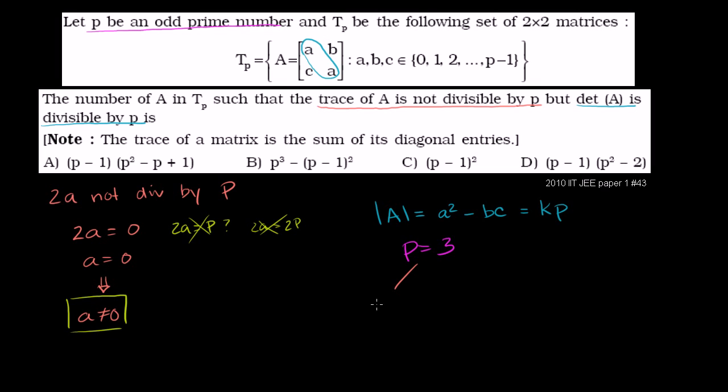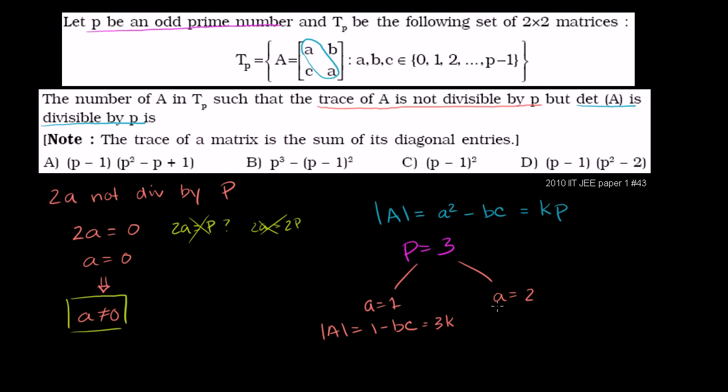So a could be equal to 1, or a could be equal to 2. And if a is equal to 1, then the determinant of A is going to be equal to 1 minus bc, which needs to be equal to some integer multiple of 3, because we set p equal to 3. It must be equal to 3k.